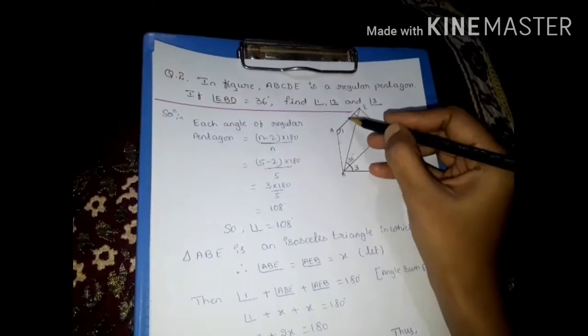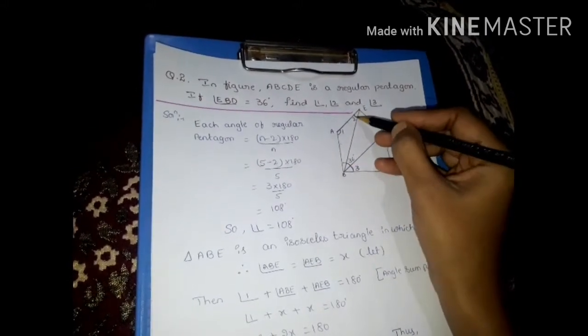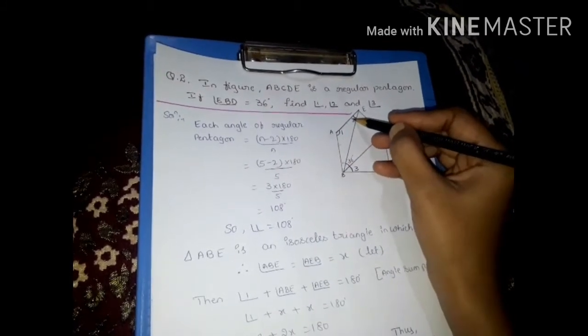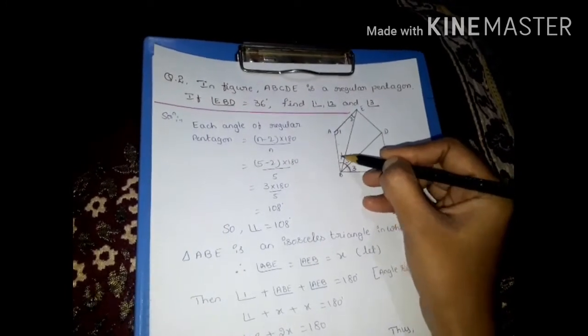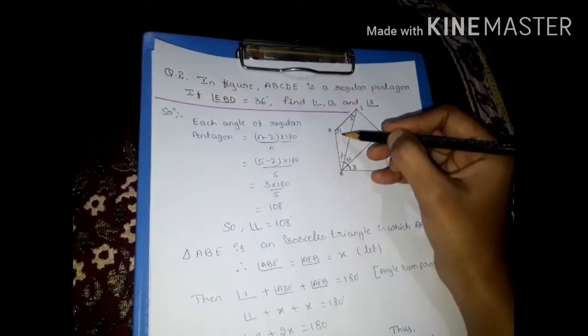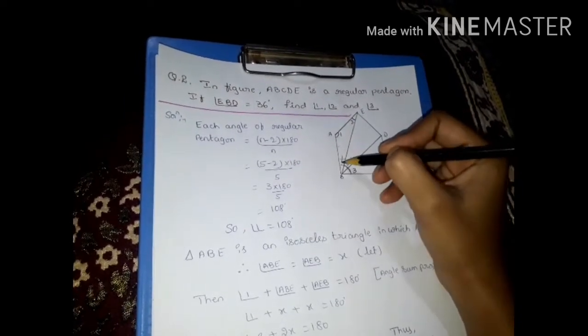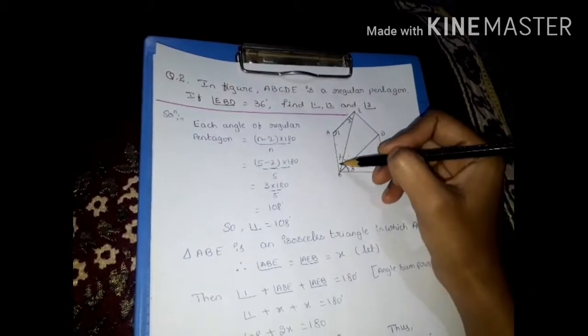When these two sides are equal, the angles related to these sides are also equal. If angle 2 is x, this also you can consider as x. By applying the angle sum property, angle 1 plus angle 2 plus angle x, where angle 2 is also x, we can find the x value.